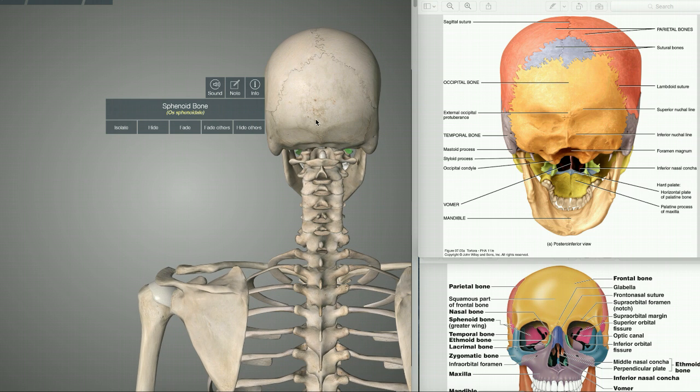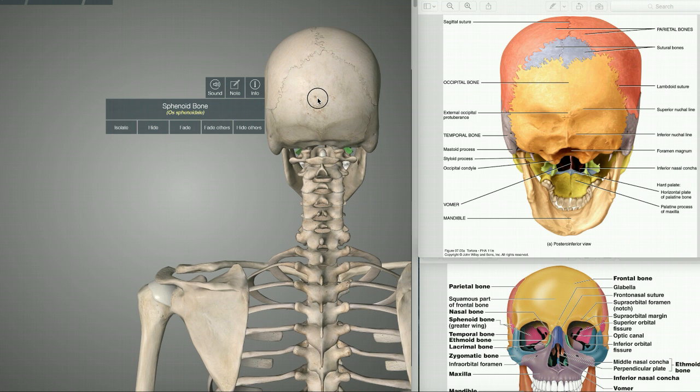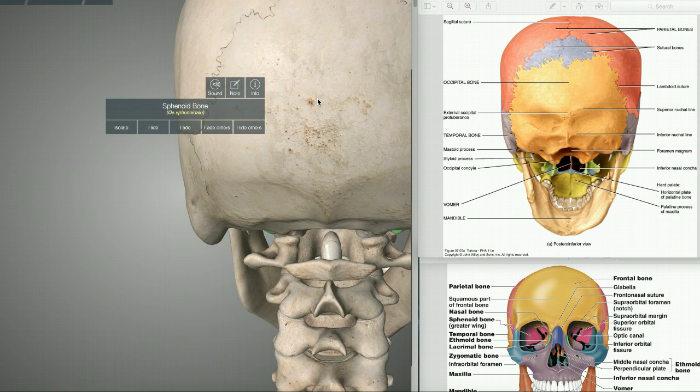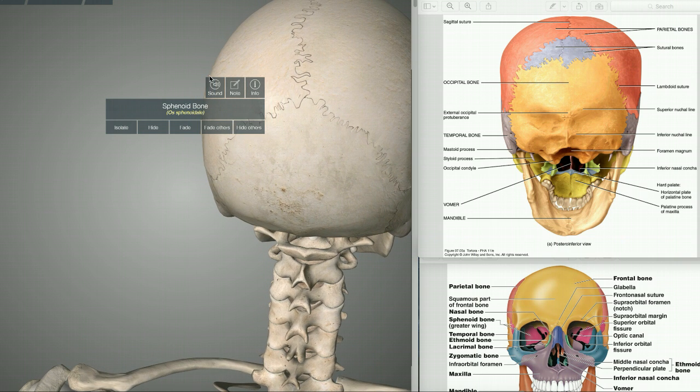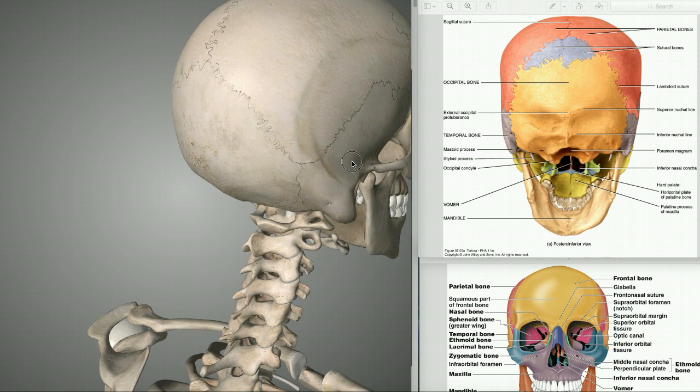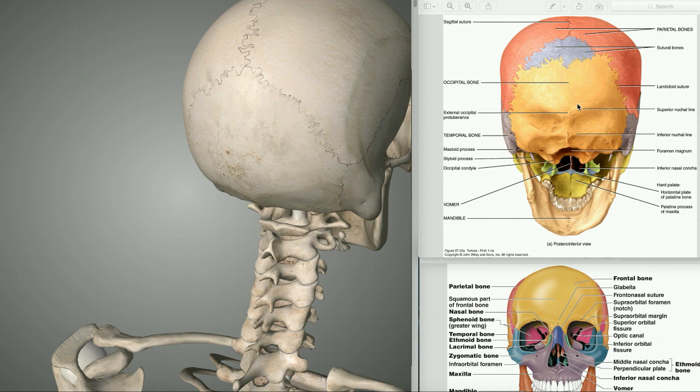Now what's interesting with the posterior part of the skull is that if you look carefully here, you can see that there's a suture that connects the occipital with the parietal right and parietal left, and this is known as the lambdoid suture, which is shown here on the right.